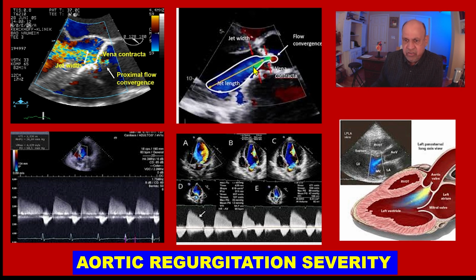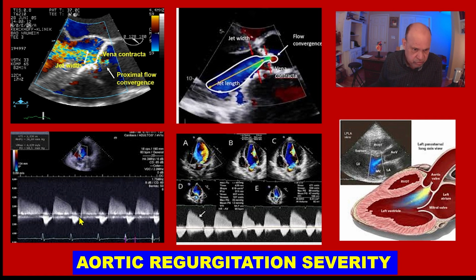But those are all just visual observations, but we actually use calculations to determine the degree of aortic regurgitation, and pulse Doppler is extremely useful in determining the degree of aortic regurgitation, which we will be covering in the next couple of slides.